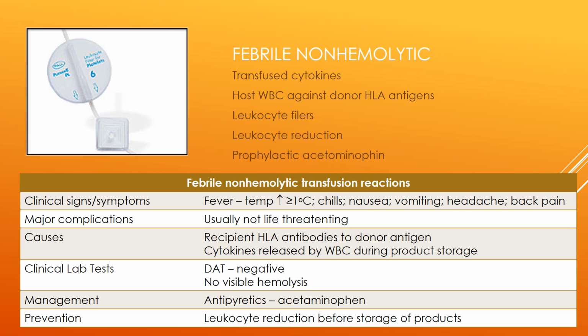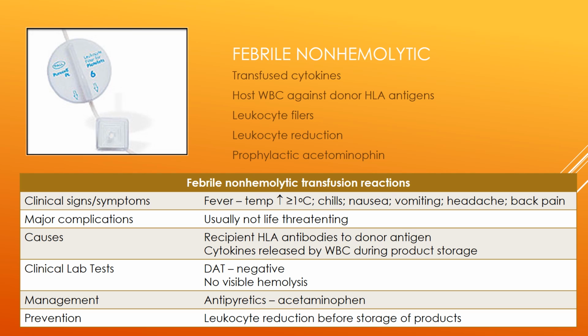But with the febrile non-hemolytic reaction, the patient might look like they have an acute hemolytic transfusion reaction, but there are other lab results that help you to rule out an AHTR, okay? And it's important to rule this out during the workup because this is not something we are able to predict. We usually aren't able to predict that the patient has a response against the excess things that are in the component, okay?